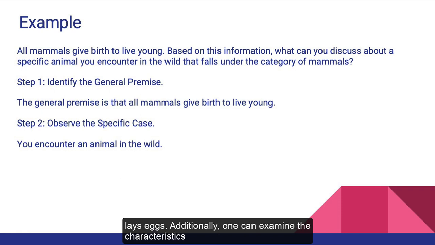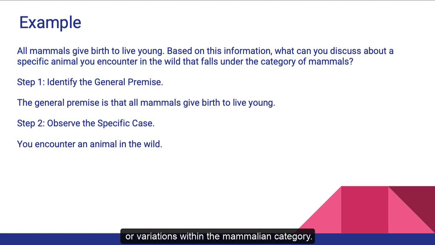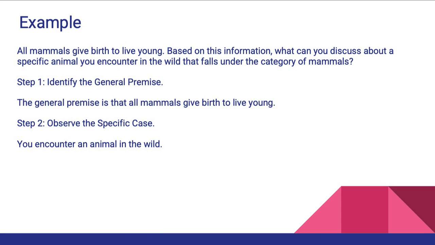Additionally, one can examine the characteristics and features of the animal to identify if it possesses typical mammalian traits such as mammary glands, hair or fur, and a warm-blooded metabolism. By considering these factors, one can draw conclusions about the specific animal encountered in the wild and classify it as a mammal or potentially explore further research to understand any unique adaptations or variations within the mammalian category.